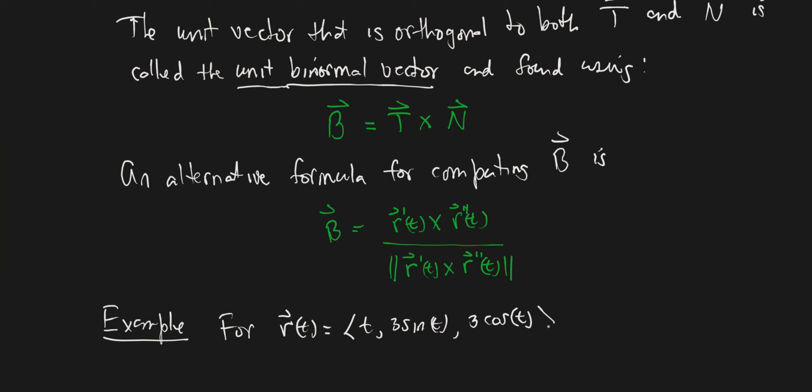So these vector functions, their components tend to be relatively simple if you're expected to go through and find all these special vectors, the T, the N, and now the B. So for this vector function, find the unit tangent, principal unit normal, and binormal vectors.